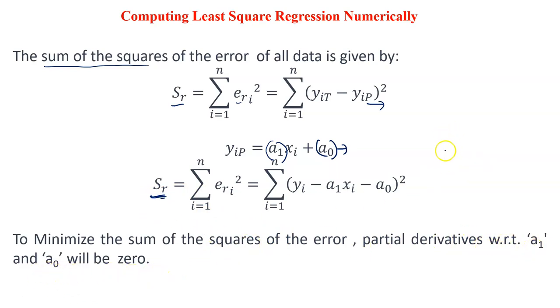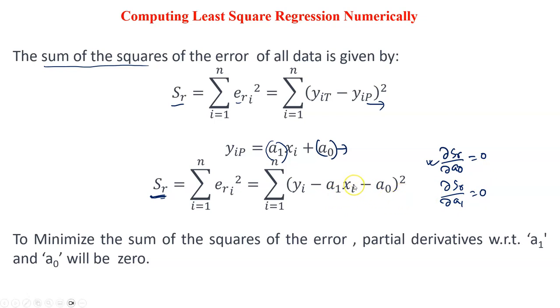So dou SR by dou A0 is 0, and dou SR by dou A1 is 0. Taking the partial derivatives, we get two equations, and from those we can easily get A1 and A0.